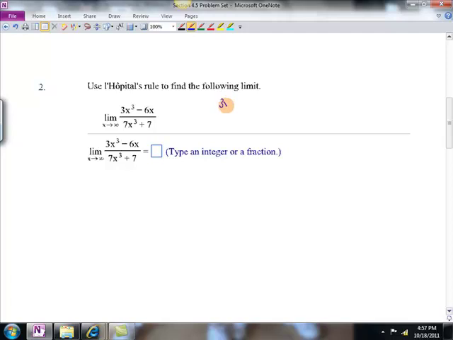So we would have 3x cubed over x cubed minus 6x over x cubed, over 7x cubed over x cubed plus 7 over x cubed. And we should remember that these guys, you end up with 6 over x squared, are going to go to 0. Okay? So those are going to go to 0. This cancels and that cancels. And so what are we left with? Equals 3 over 7. So that might be the way you would have done that.